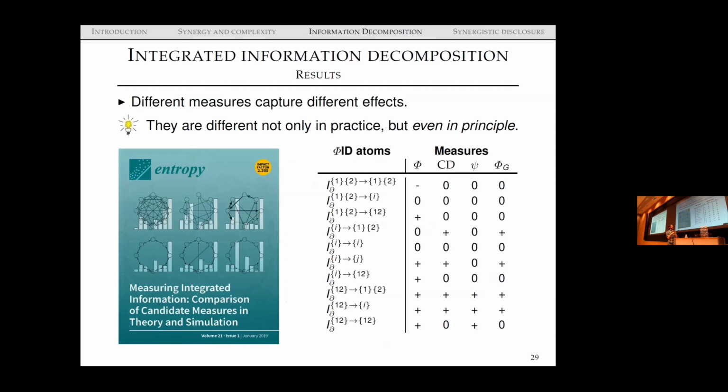And what we see is that these measures are different not only in practice, but also in principle. Each one of these measures is capturing a different combination of these information atoms. It's not that they just differ in tiny details, they're literally picking up on different information dynamics, or different interactions within the system.